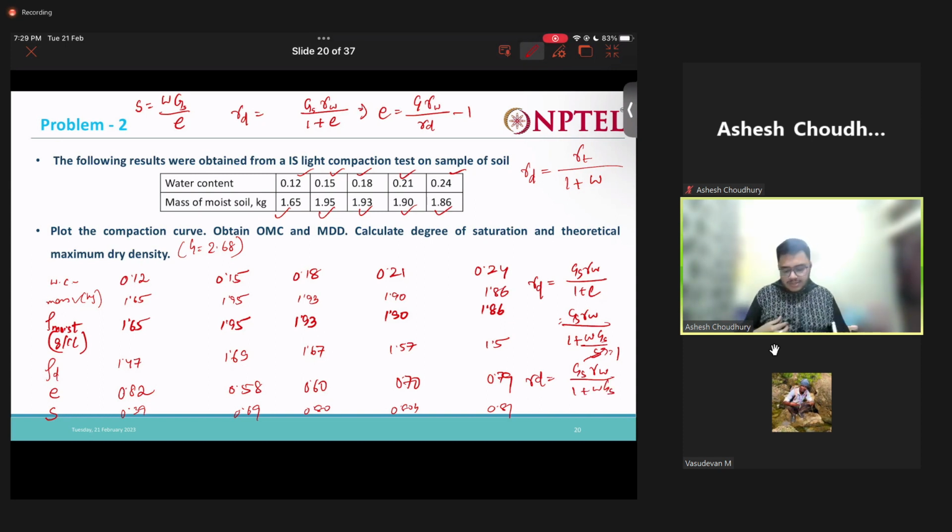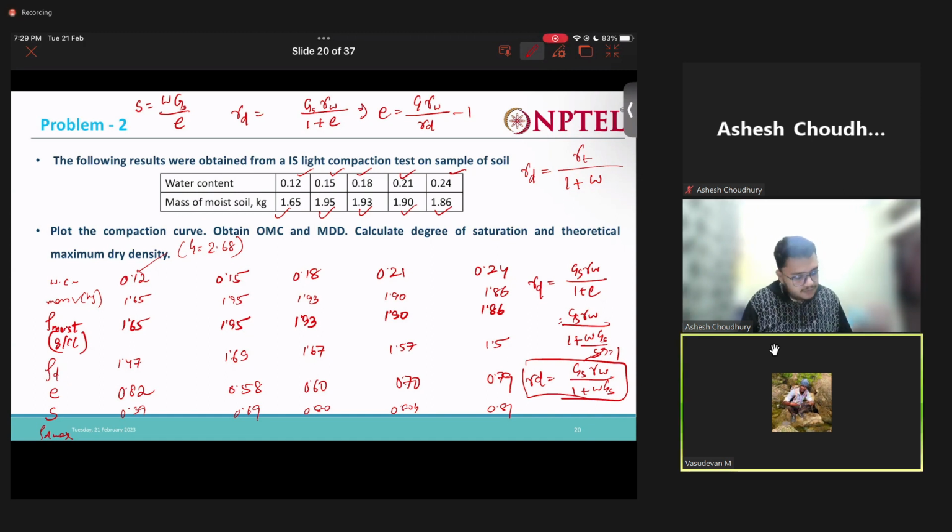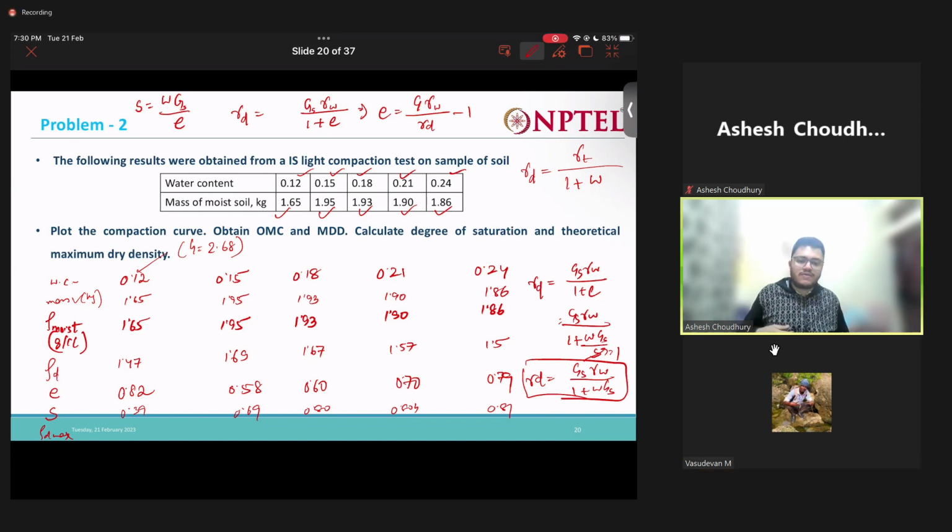If we put the values here, please tell me what will be the theoretical maximum dry density, at least for the first water content. You tell me gamma d max using this relation. Just put the values of G, gamma W, 1 plus w and Gs.